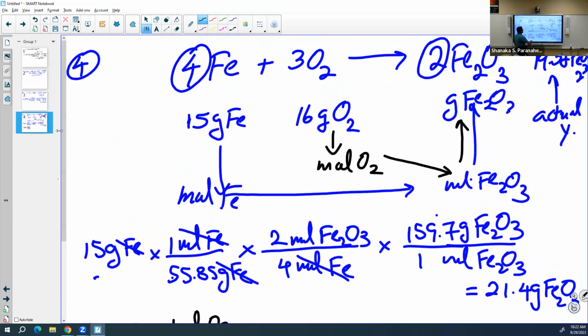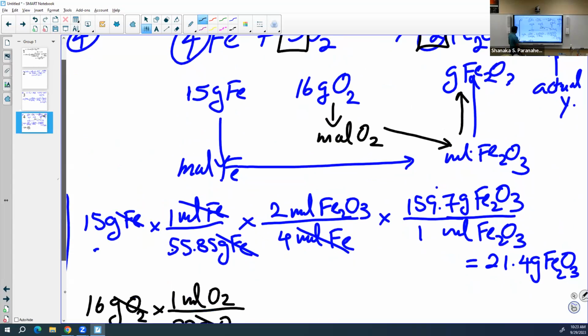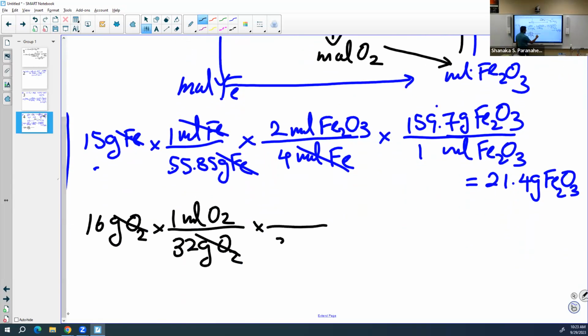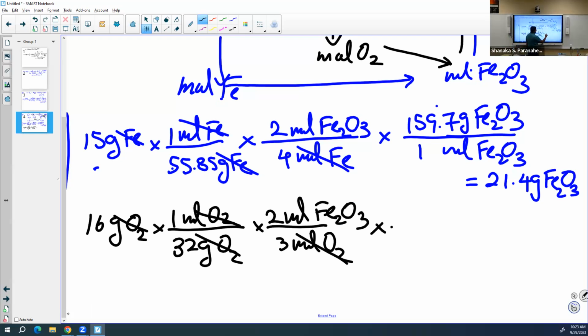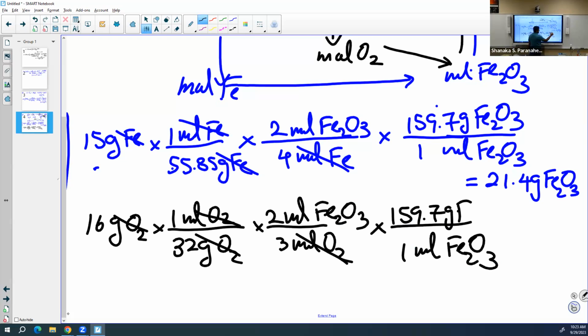We use the coefficient from the reaction, 3 to 2. 3 moles of oxygen produce 2 moles of Fe2O3. And the last conversion factor does not change because we are going for the same product, so we multiply by the molar mass of Fe2O3. The answer is 53.23 grams of Fe2O3.